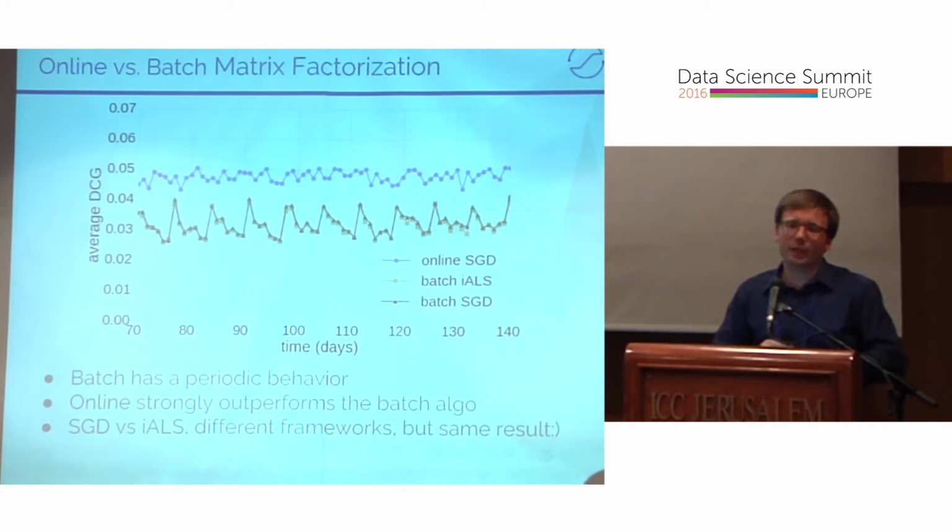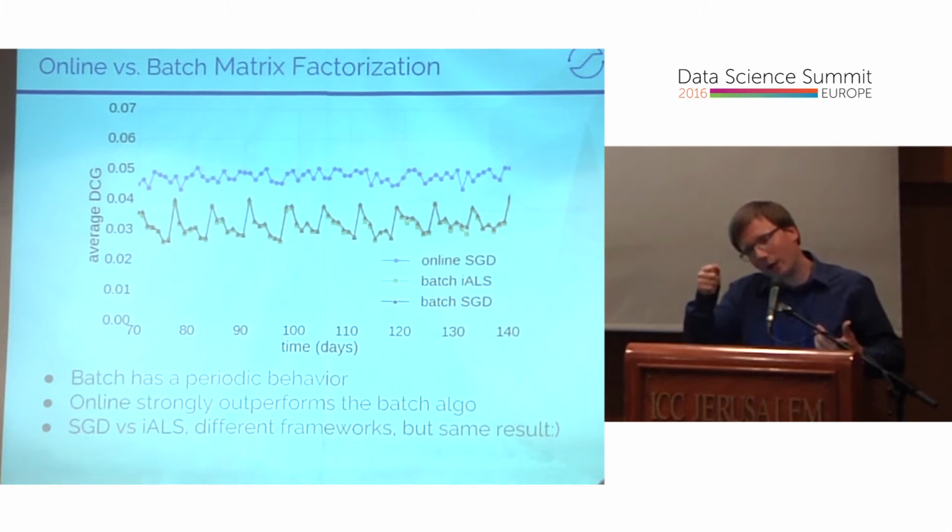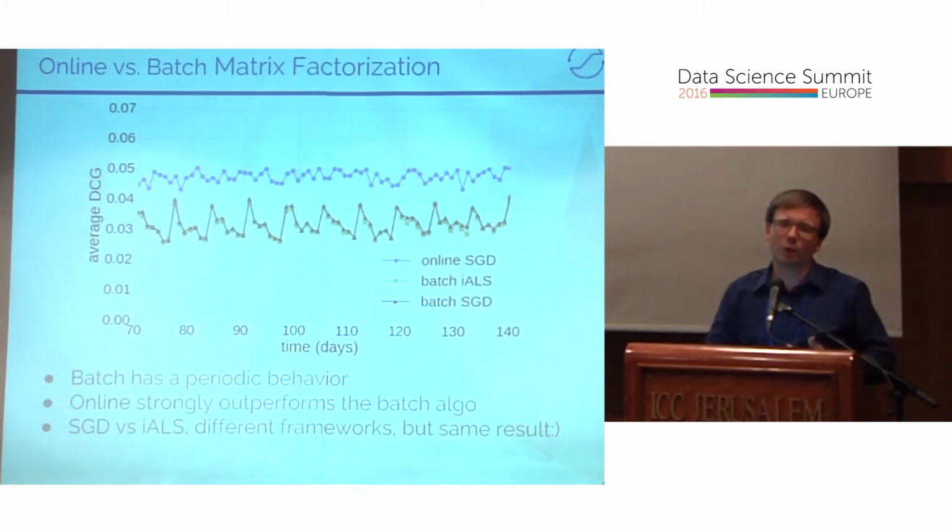You can also see that the performance of the batch method drops over time. So right after the weekly relearning, it has a strong performance, but then during the week, it loses its recency and the performance drops. So this is how online and batch methods can be compared.